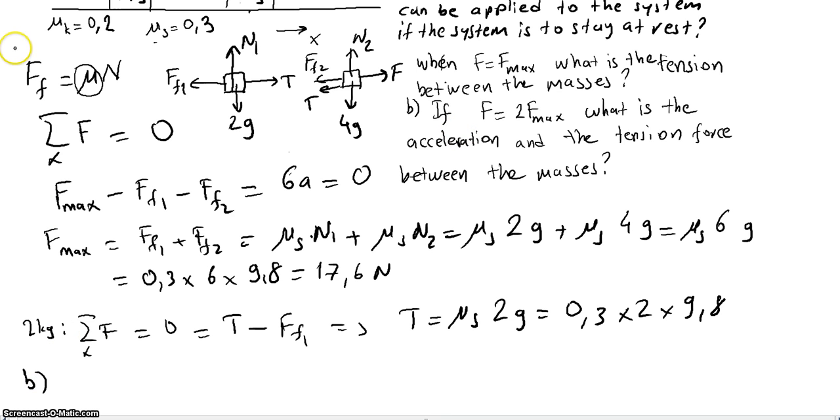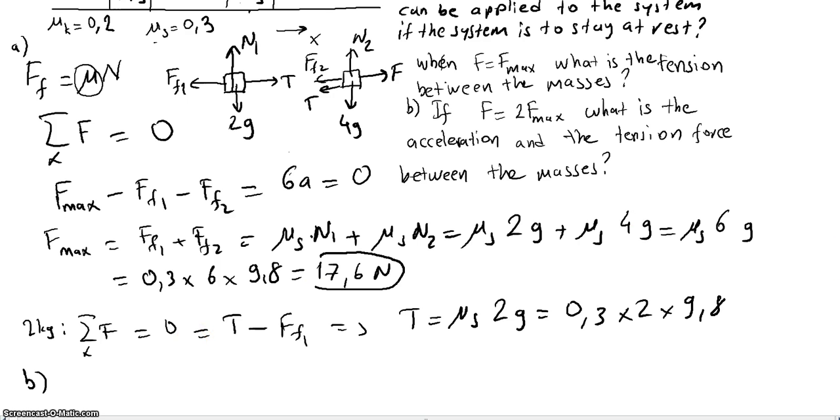In the second part, if the external force F is twice this maximum force, 17.6, what will be the acceleration? As we have already said, if the external force is larger than this, then the system will move toward the right with a certain acceleration. Let's find this acceleration.